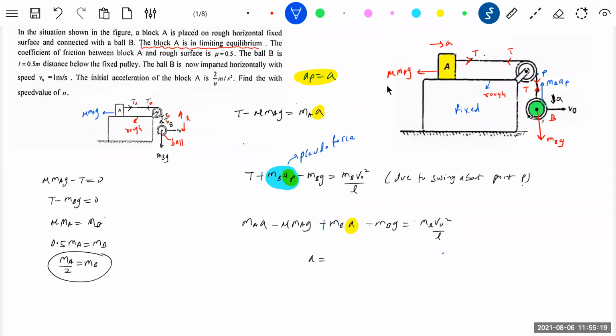Just an example for you. I'll solve it, since nobody is able to respond. So MA plus MB into A is equal to MB V naught square by L plus MBG minus mu MAG.